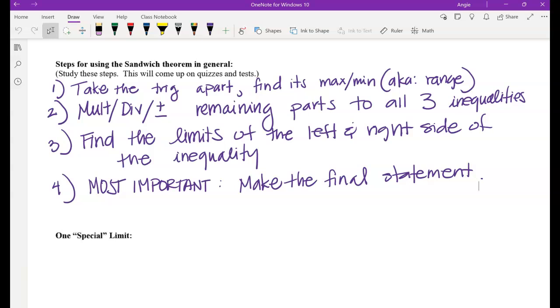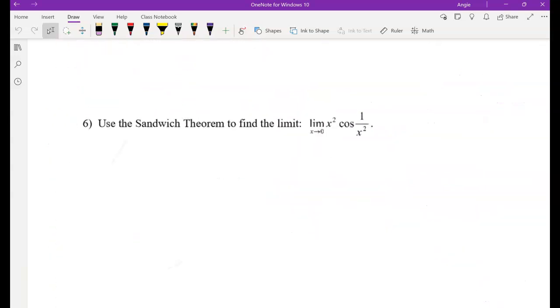So if we're talking about a sandwich, we're talking about the bread pieces on the ends. And number 4, this is your most important. This is the step where you write down your final answer. So let's follow those guidelines.